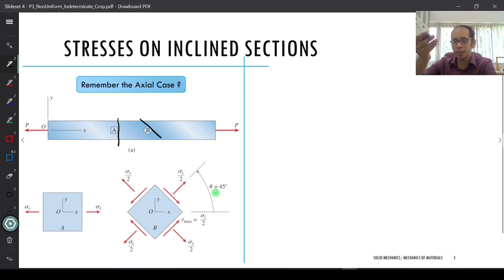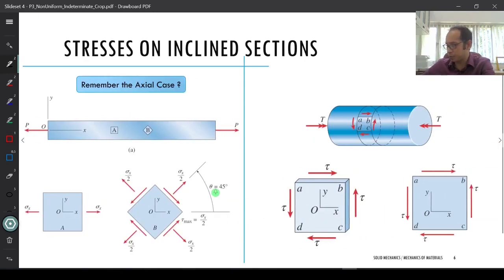Now let's look at the case of torsion. In torsion, if you do a similar thing, if you take an element which is perpendicular to the longitudinal axis, you are simply going to have the shear stresses tau.